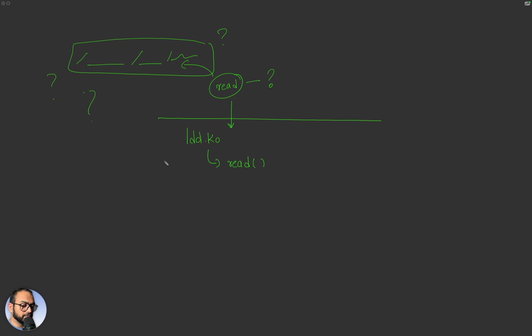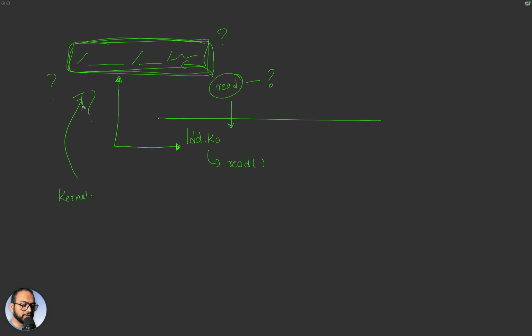Now, one of the things is that we would need to tie the Linux kernel module to this file so that the kernel module catches the operation that is happening on this file system. So the kernel essentially is monitoring this node, so to speak, right? A file system or a file node.